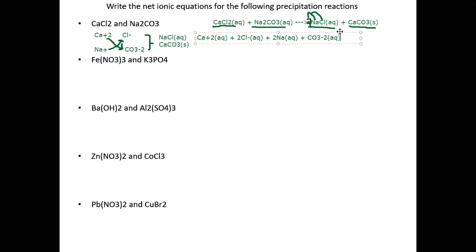And we do the same thing for the products, but we just do it for sodium chloride. And this is called the total ionic equation. So everything that's aqueous, we write as ions. Let me just move this calcium carbonate.